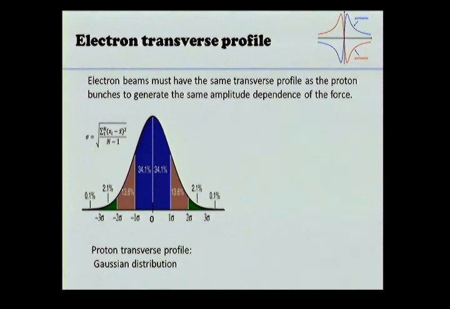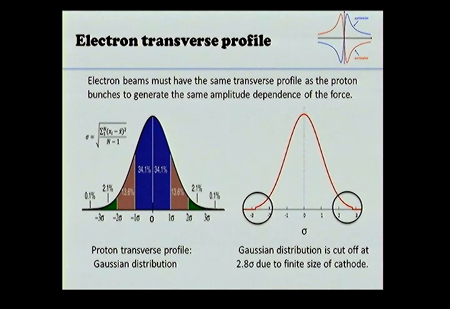Its distribution is Gaussian. For the RHIC proton bunches, there are particles up to 5 to 6 sigmas. Here is the electron particle distribution from the electron gun of the electron lens. Due to the finite size of the cathode, the electron beam's Gaussian distribution is cut off at 2.8 sigma. That means above 2.8 sigma, there are no electrons.